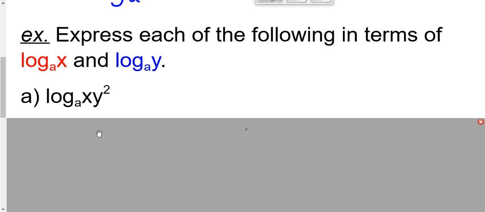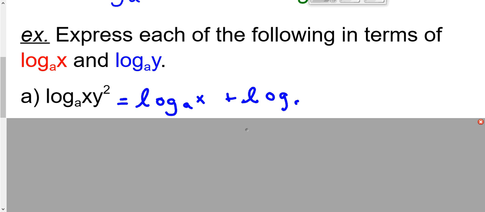Well, if we have this, we have a law that says if we have 2 things multiplied, then we can rewrite that as 2 separate logarithms added together. So we can rewrite this as the log base a of x plus the log base a of y squared. There's also another law that we can apply.